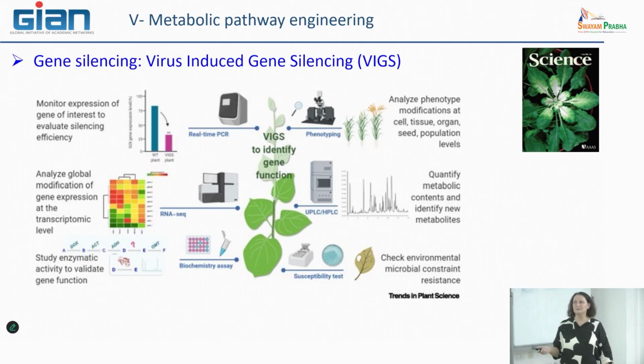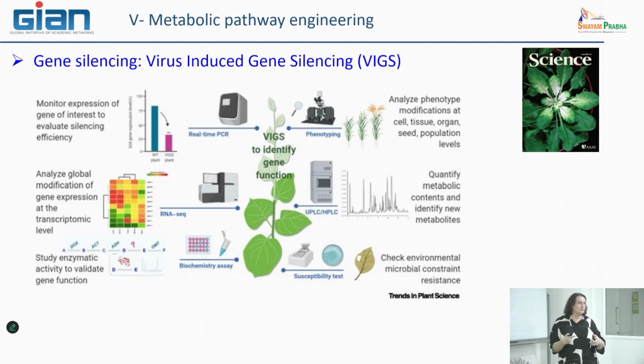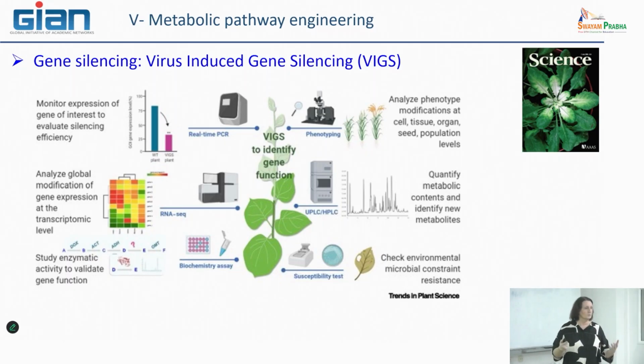It was the last step of the workflow I showed you. It was also the example I showed you: you can functionally characterize the activity of your enzymes. On the other hand, it could also be a way to analyze phenotype modification, because you can analyze the whole plant, the tissue, to see if there is some impact on the plant itself. That could be important, in particular when the targeted plant is not a medicinal one but a crop.